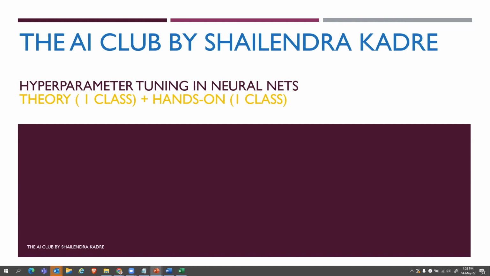For a deep learning model, parameters are weights and biases. Okay, so you are telling me they are parameters. What about hyperparameters?